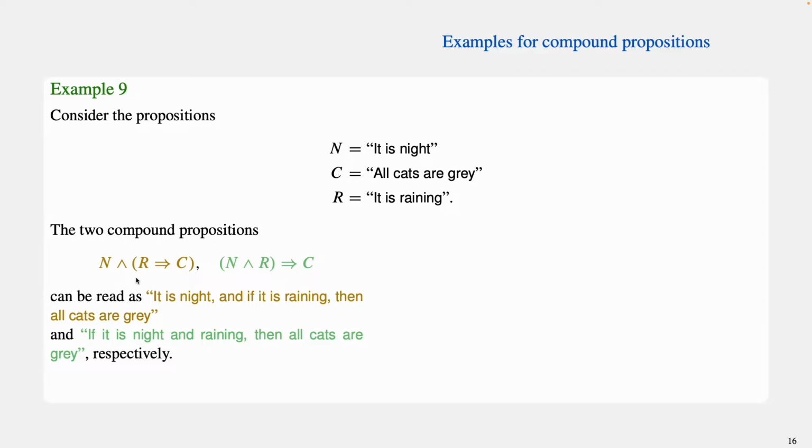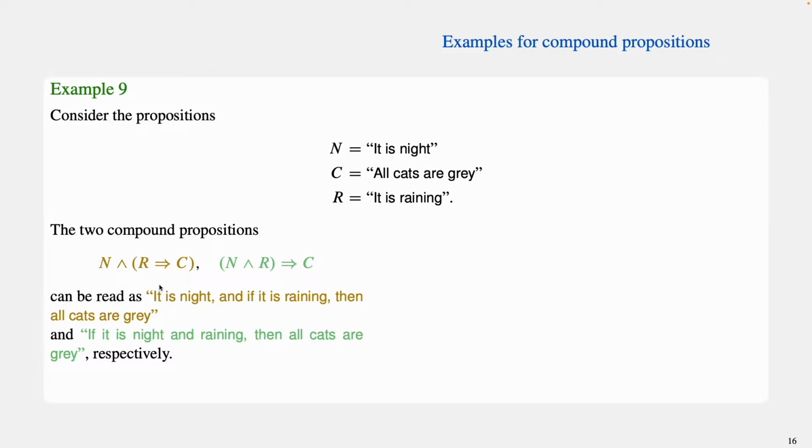But we use parentheses to change the priority on how to interpret these components. So let's translate these two formulas into propositions. The first one is N, and in parentheses R implies C, and the second one is N and R in parentheses implies C.